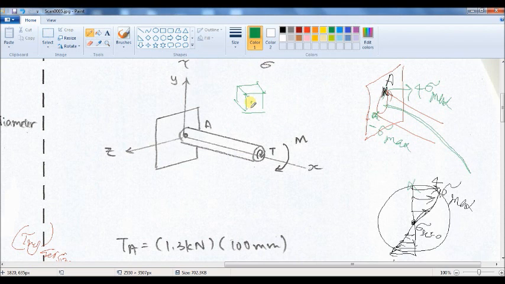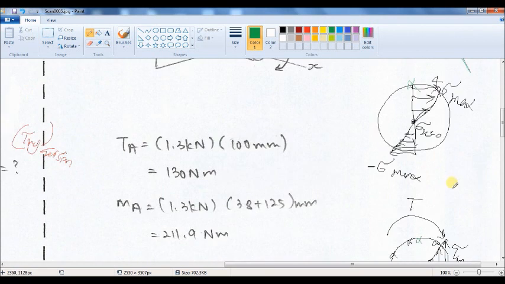So therefore here we have sigma x, and to find out the direction of the torsional shear stress, I think I drew it somewhere.